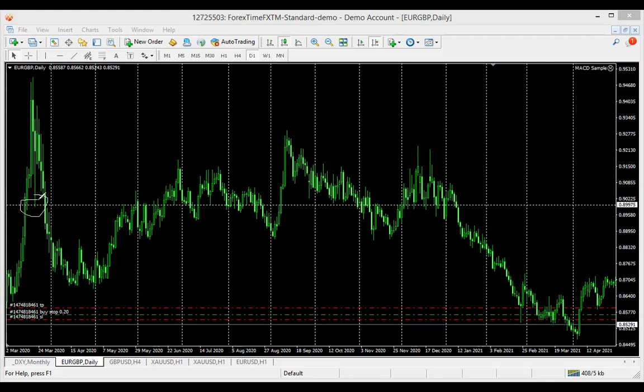Price has always been struggling here. If you trace back again, you will see that there is a place where price always struggles either to go down or to go up.